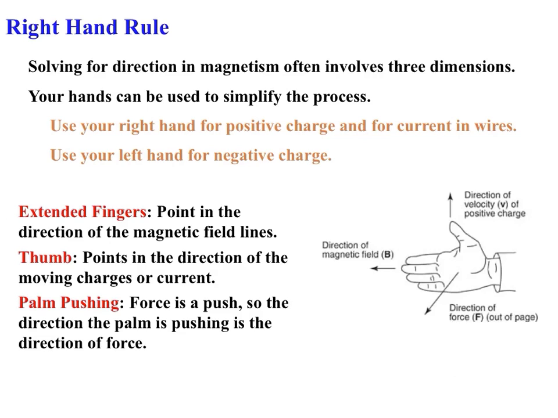Now this is an extension of the right-hand rule that we saw in our last video. So remember that for a positive charge, you're going to need to use your right hand, whereas for a negative charge, you're going to need to use your left hand.